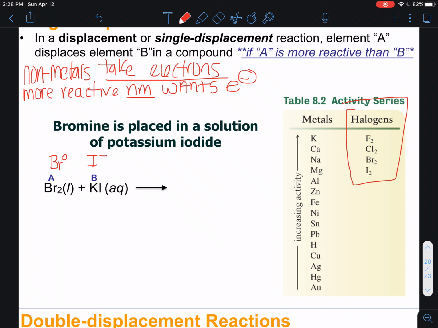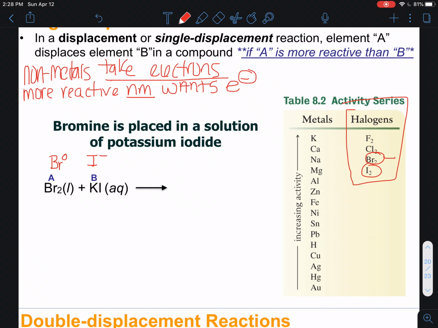So if bromine is more reactive than iodide, they will swap places. And we look on the reactivity series. Bromine is here, and here's iodide. Bromine is higher up. So since bromine is higher up, yes, they will swap places. I'm not going to balance this, just for time purposes.